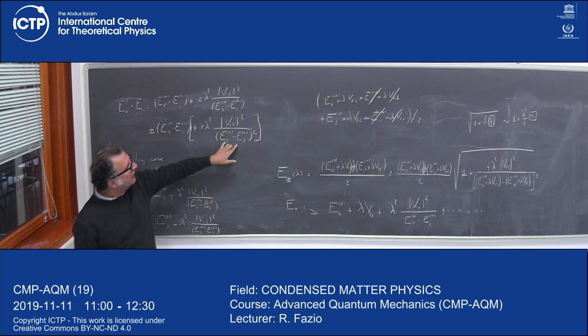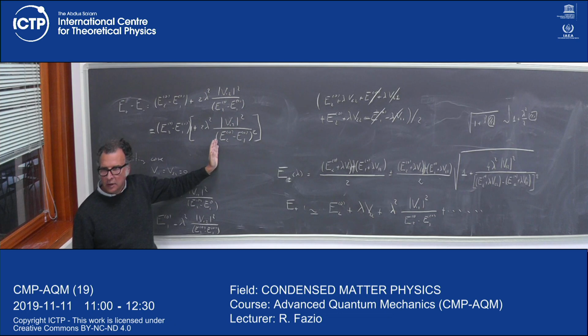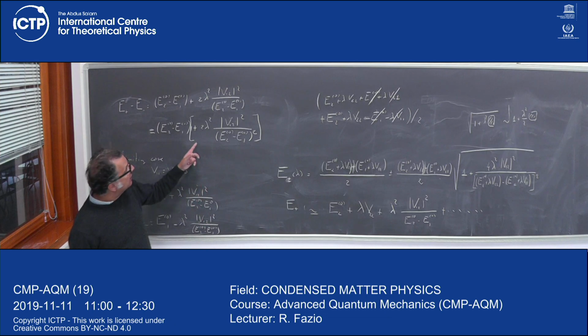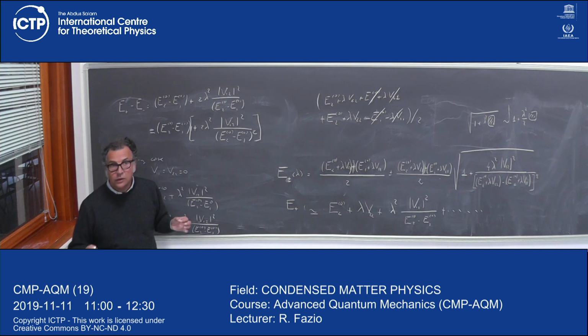When the gap is much smaller than this, when this ratio is much larger than 1, you have to go to lambda very, very small, such that this correction is much smaller than 1. Something essential in perturbation theory is that you always have to define dimensionless quantities in order to decide if a perturbation is small or large. Just saying small or large does not mean anything.